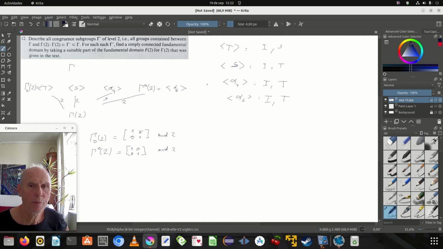This one is finished. We have 2 side classes, and it has index 2 in gamma. But we need to find another one in the other 3 cases.